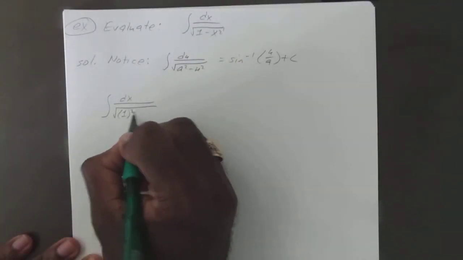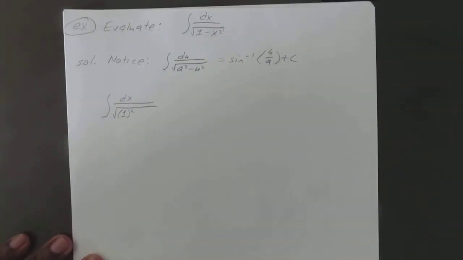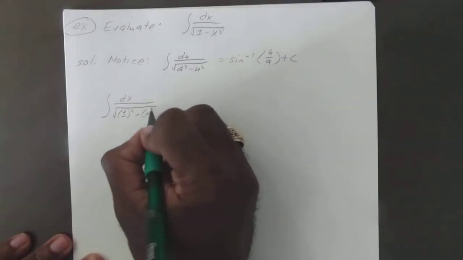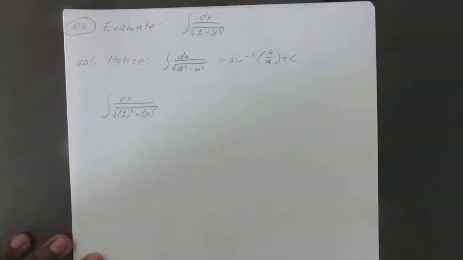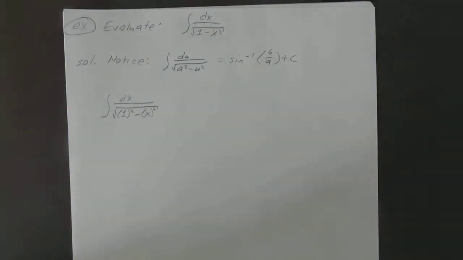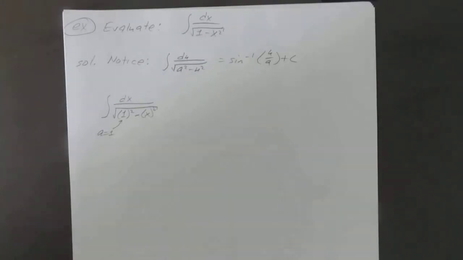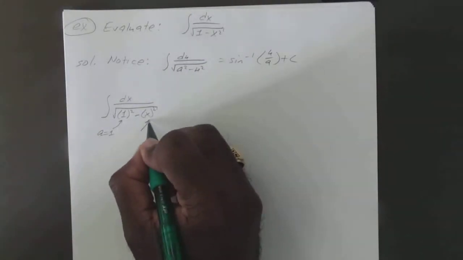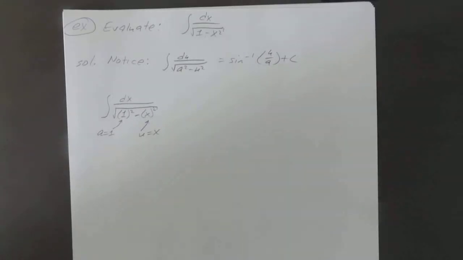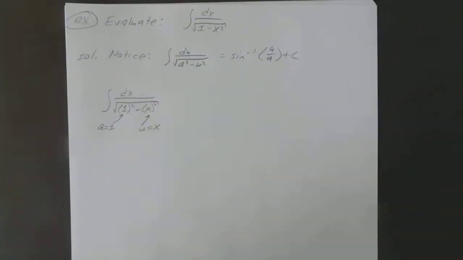So all we'd have to do here is just get our original and rewrite it. So instead of 1, make that 1 squared. And make that x just x squared. Okay. So we know here that our a is equal to 1.